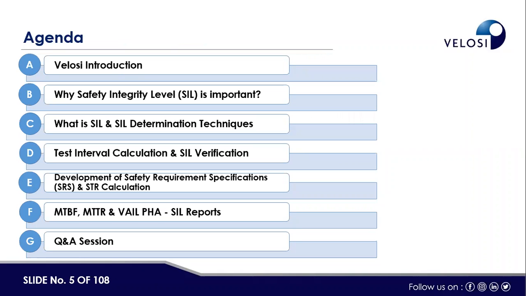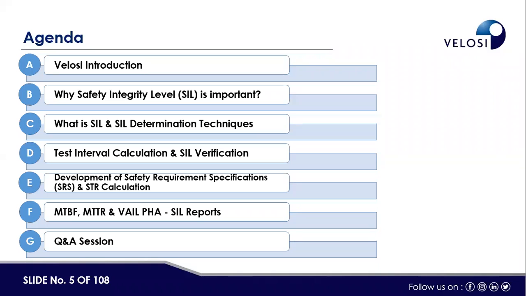So the agenda for today, since it's quite a technical subject, we'll be touching the key theoretical and practical aspects of fundamentals of performing SIL studies as specified in IEC 61508, IEC 61511, and ISA TR 84.00.02 using VAIL-PHA SIL. We'll be starting with the Velosi introduction.